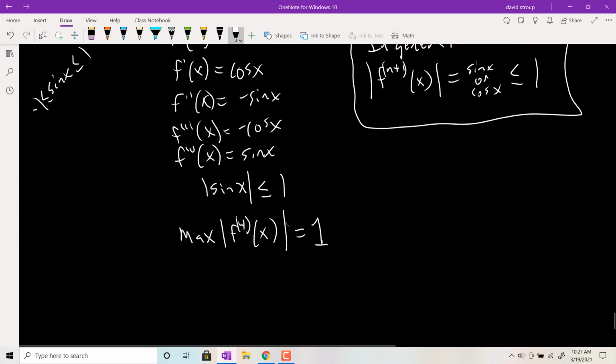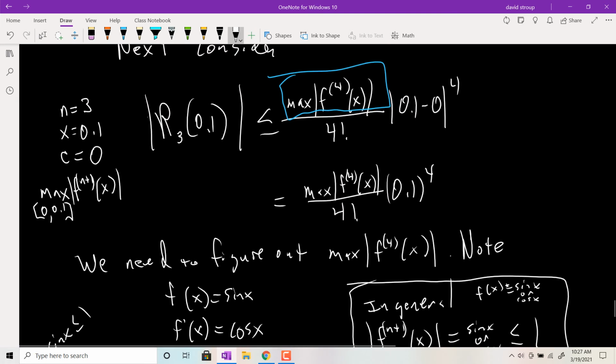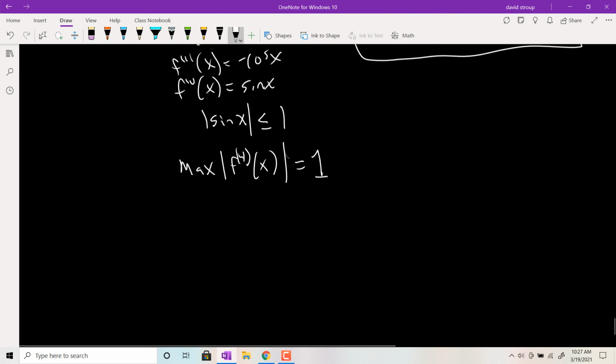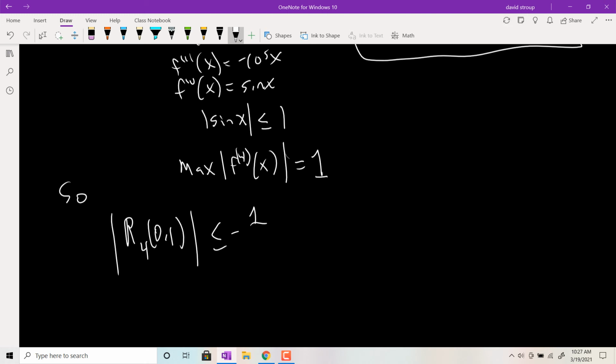Okay, so anyways, going back to our r sub n formula, we have r sub 4 of 0.1 is less than or equal to this max thing, which we're replacing with a 1, all over 4 factorial times 0.1 to the 4.